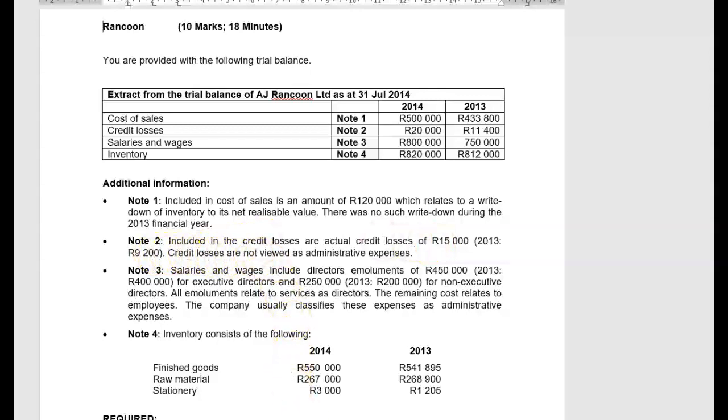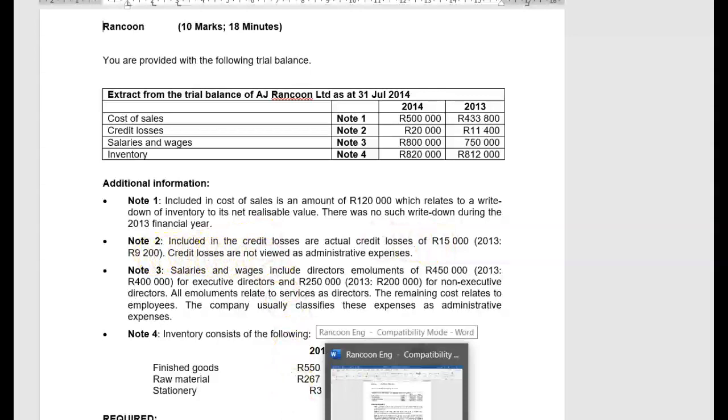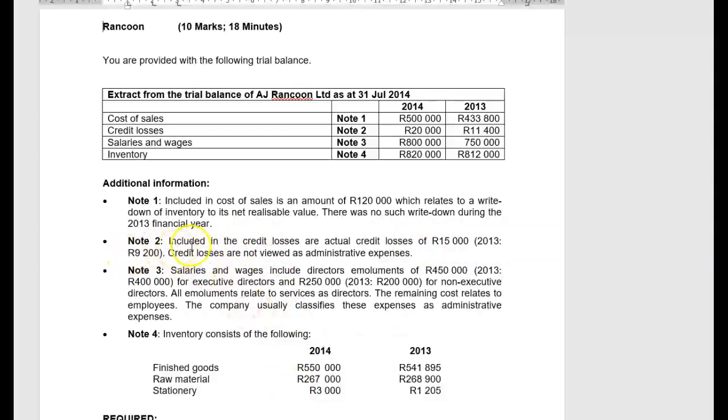Credit losses are not viewed as administrative expenses. Now, it's definitely not a selling and distribution cost. Why not? Because it's not a salesperson's responsibility to make sure that if we provide credit to a customer, that customer is creditworthy. That is either administration or other expenses.